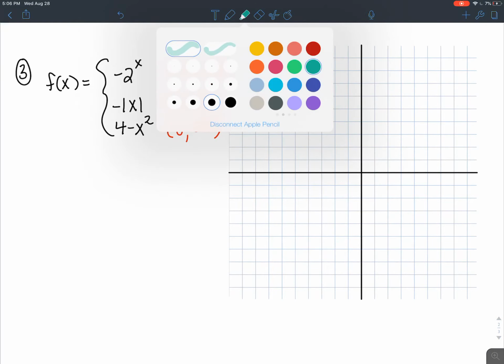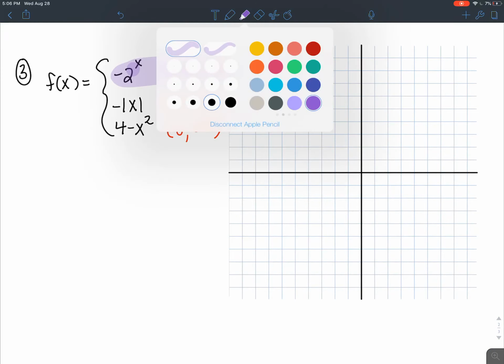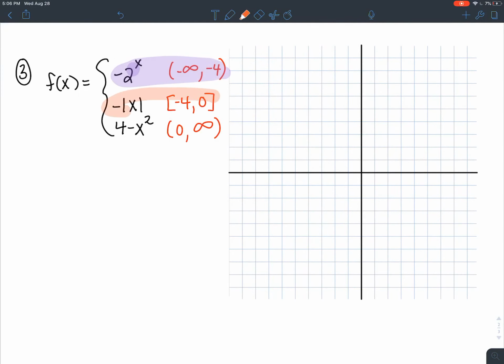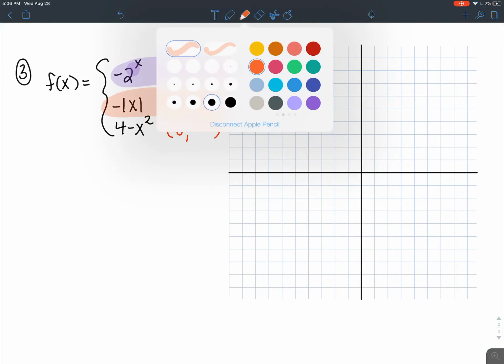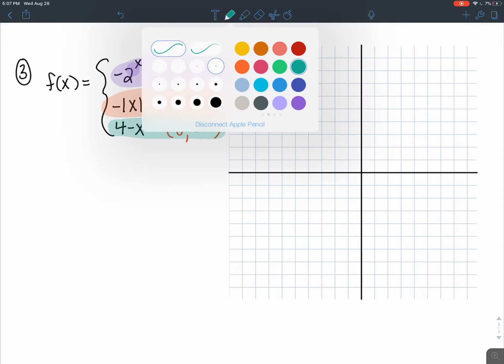I'm going to do purple, orange, and green. All right, just want to make sure. Okay, we're good. All right, so I'm going to start with my exponential function.